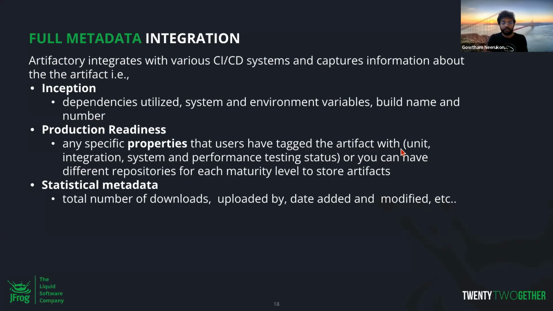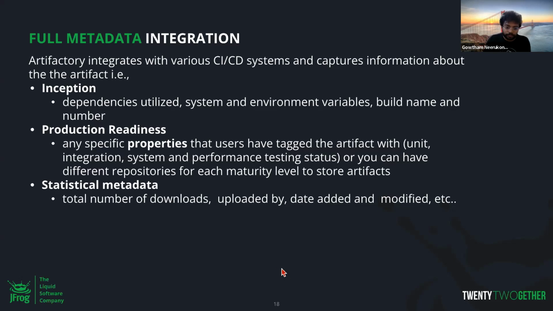A binary repository manager like JFrog Artifactory will be able to maintain the full metadata around the given artifact's consumption. And this metadata is of 3 types that Artifactory maintains. The first type of metadata is the information about the inception of a given software artifact.